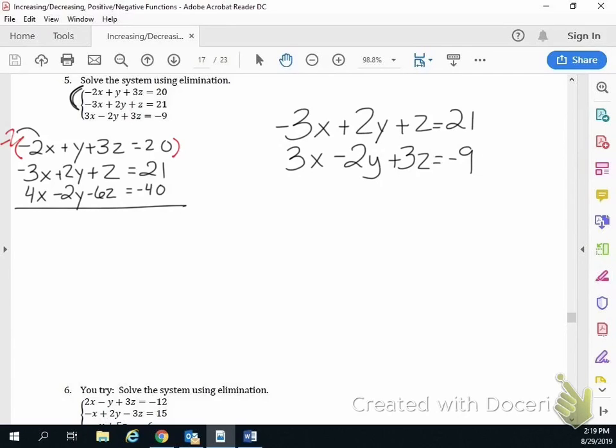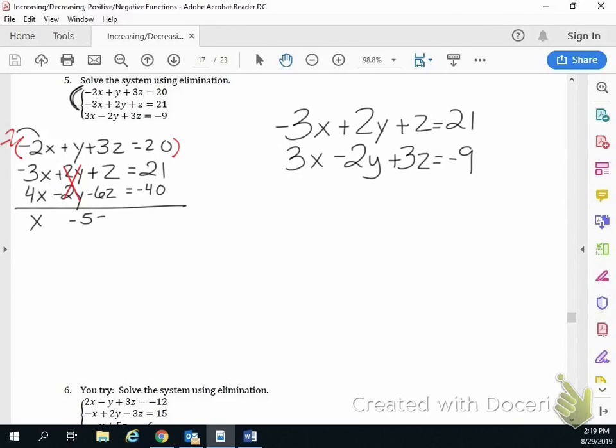So once I have that, now I'm just going to do what I did with the elimination stuff last class. With my x's, I've got negative 3x plus 4x, which is 1x. Like I had already said, my y's, I got them doing what I want them to do. They're going to eliminate. What is z minus 6z?